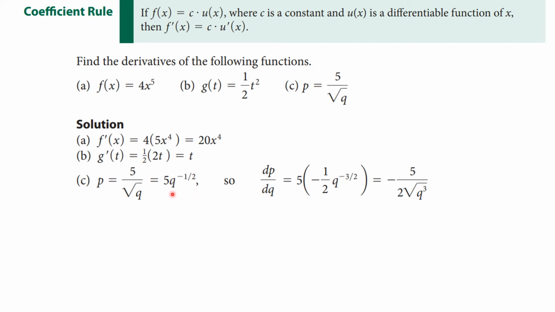Then you follow the coefficient rule, which is 5 times the derivative of q to the power minus half. So minus half is the n here, so you bring the power in front, minus half, then q to the power minus half minus 1, which is minus 3 by 2. So at last we can write minus 5 by 2 times q to the power minus 3 by 2.